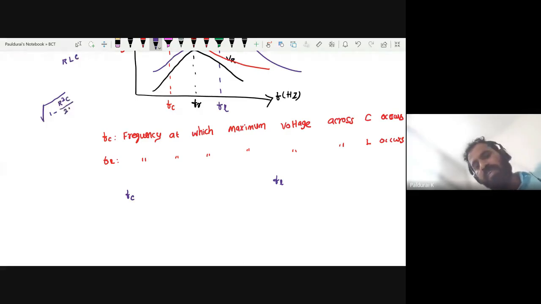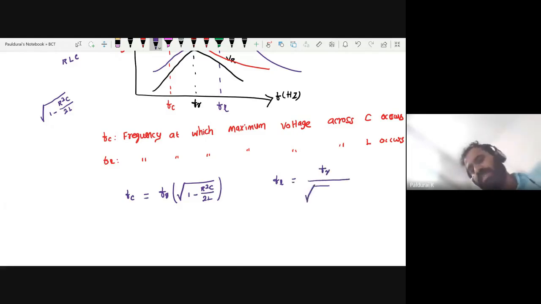FC is given by the resonant frequency multiplied by the square root of that factor, whereas FL is FR divided by the square root of the same factor. Please remember this.